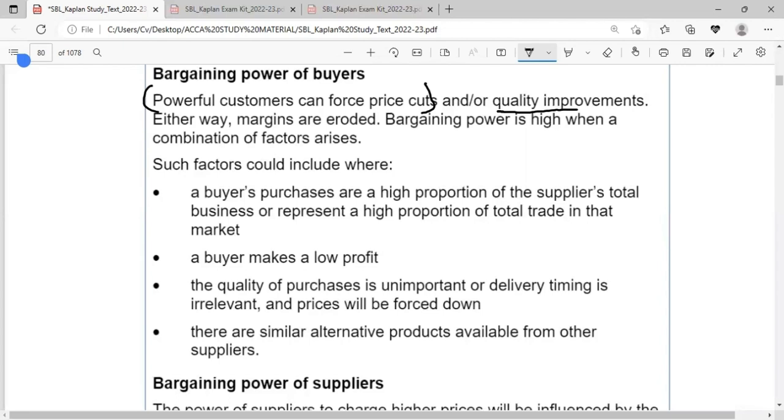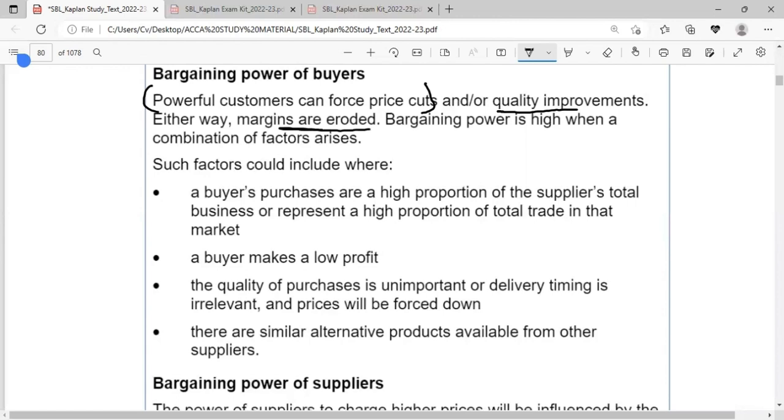So quality improvements, price cuts, or one buyer having a high level of revenue in our total sales can erode or reduce your profit margins, which is the ultimate aim or objective of a business to earn.